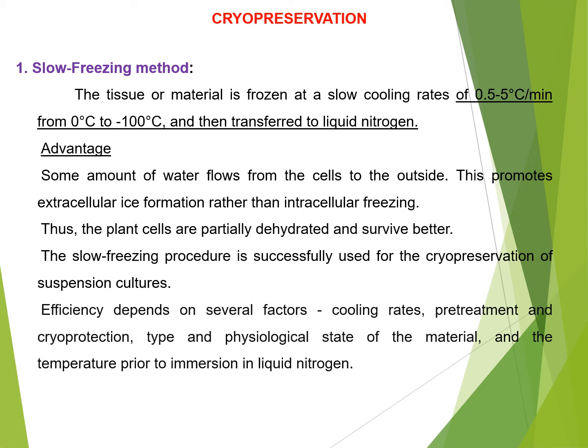The advantage of this method is that only little water exudes out of these cells. This promotes extracellular ice formation rather than intracellular ice formation. The plant cells would be partially dehydrated and can survive better. This type of cryopreservation is usually successful in case of suspension cell cultures.